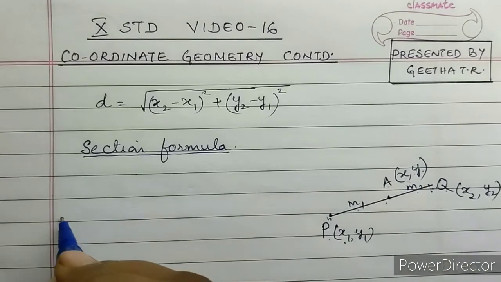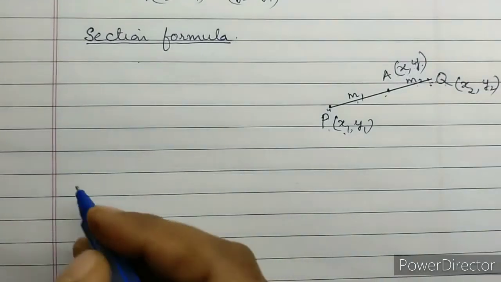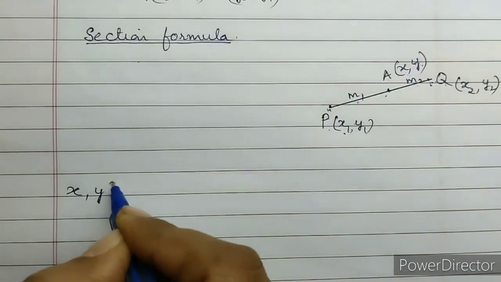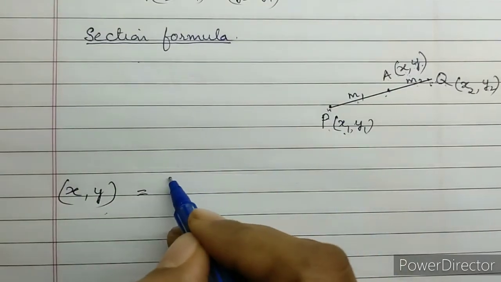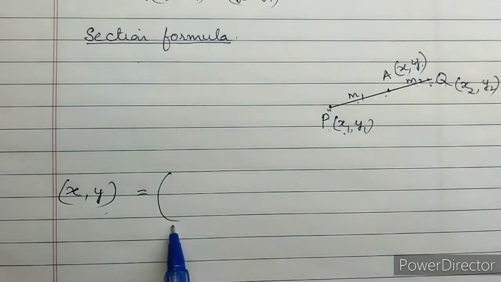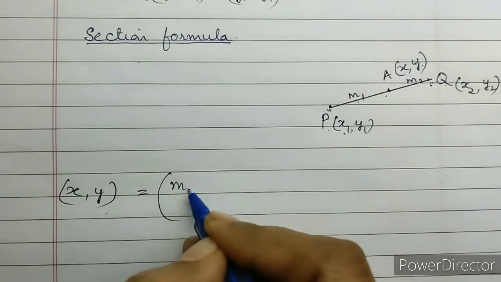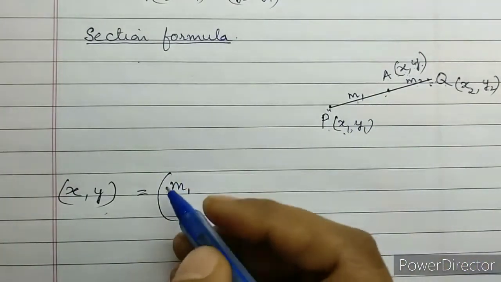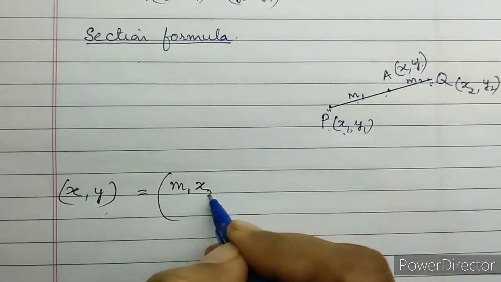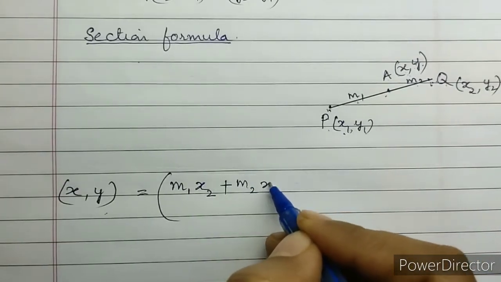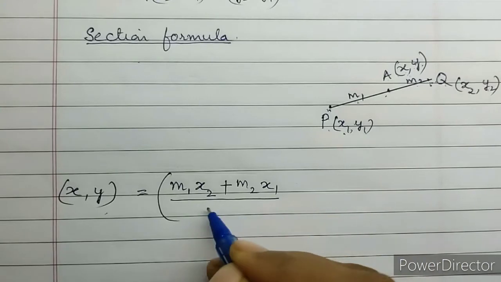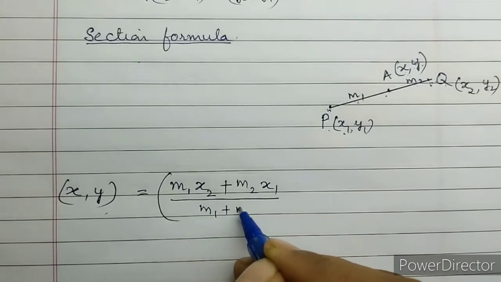So the formula is like this. I will write down x, y. These coordinates you are finding. So x, y equals m1 x2 plus m2 x1 divided by m1 plus m2.